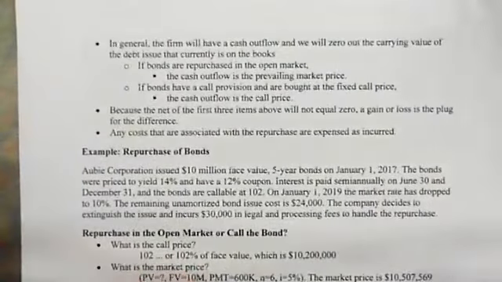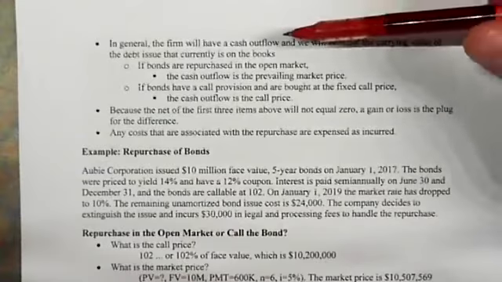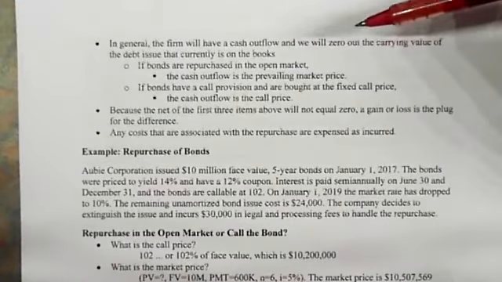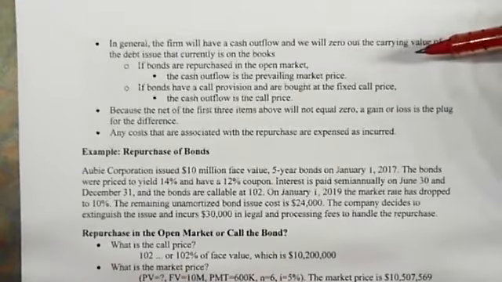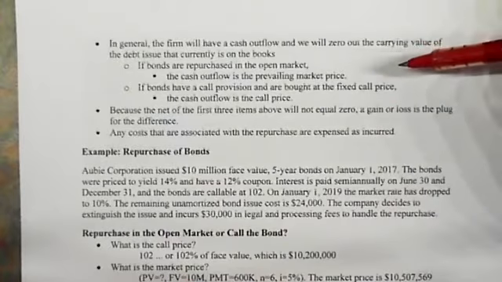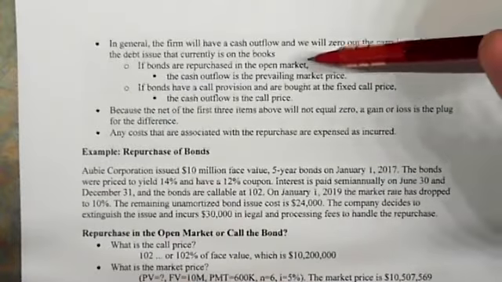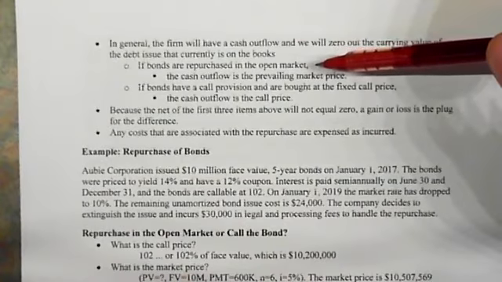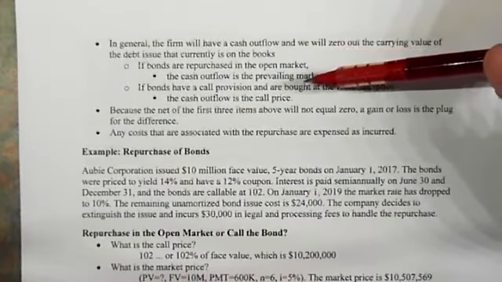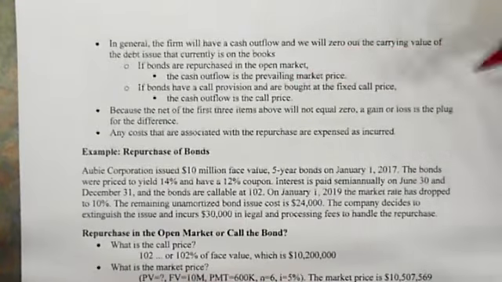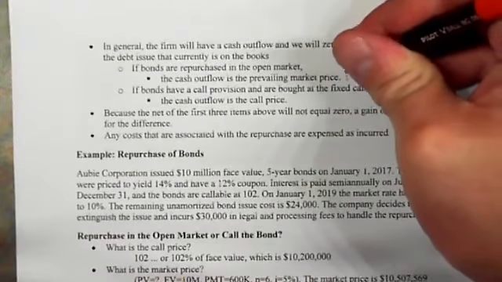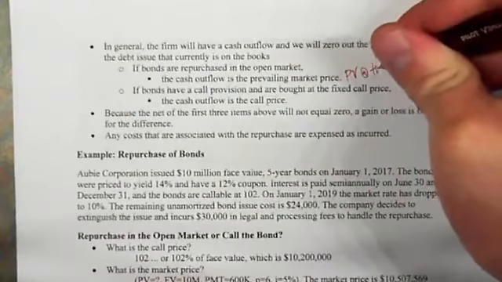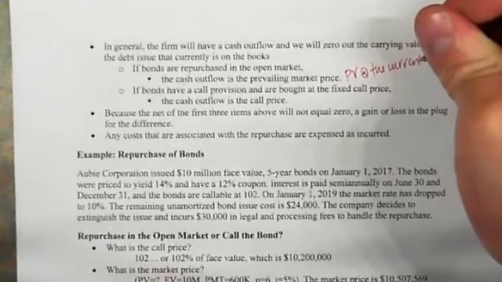So in general, what we're going to have is a firm that's going to have the cash outflow, right, the amount they pay. That's going to zero out the carrying value of the debt issue that's currently on the books. And again, we can either repurchase it on the open market, and that would just be a cash outflow at the prevailing market price. So then we would judge a present value at the current market rate.